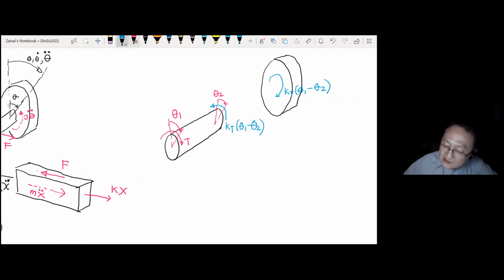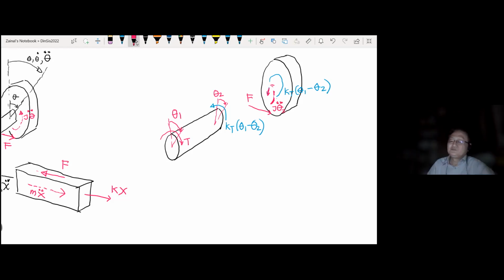And because this one rotates in that direction, this dashed line is J theta 2 double dot. Now this one becomes something like this.